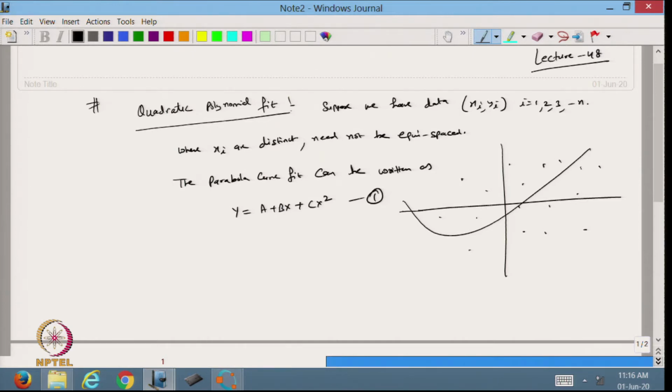Then I can find the error of each point from the curve, as we have already discussed in the previous lecture. So I can define my error E as a function of A, B and C: the summation of A plus Bx plus Cx square minus the yi's, at the ith points, squared, where i is moving from 1 to n.